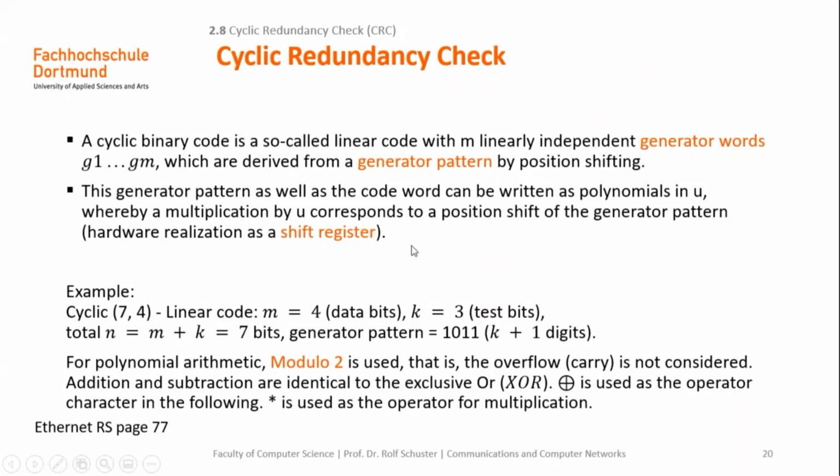And this generator pattern, as well as the code word, can be written as polynomials in u, where u is typically a variable, depending on the algorithm used for the CRC calculation.